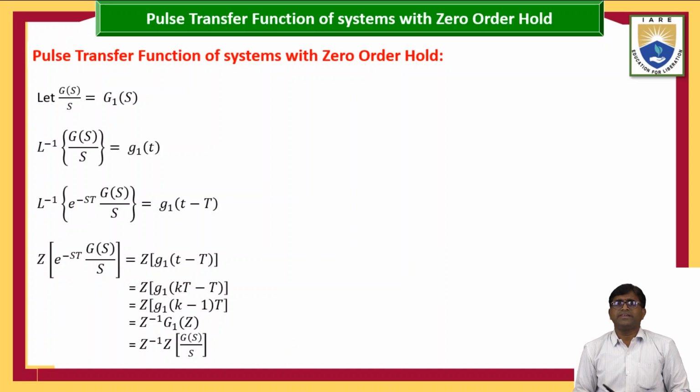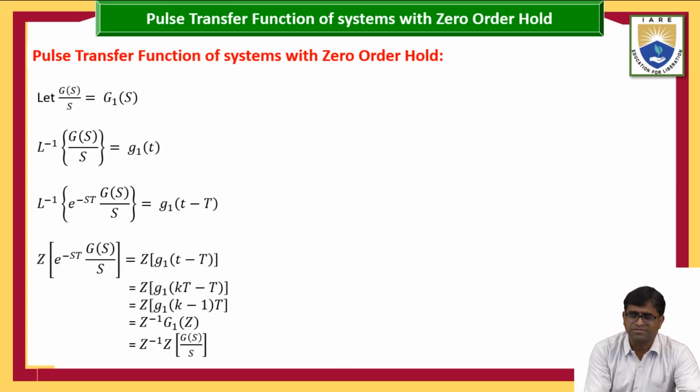It is an exponential function with a unit of delay. That's why it is coming to G1 of t minus T. It is coming like this. So for this one, I am applying a z transform.